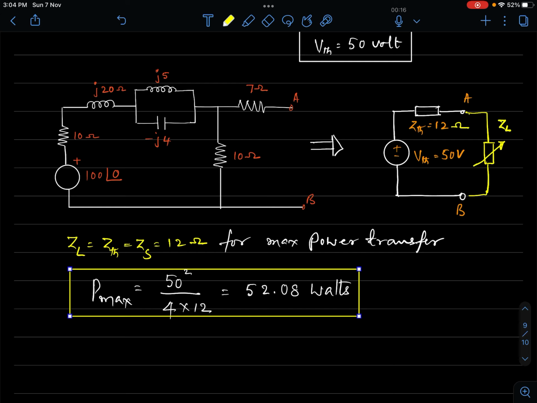Any other value would not yield maximum power. This is an important, interesting theorem. Where efficiency is not of much concern to us, we try to go in for matching the load with the source. Because efficiency here is 50%, as half is in the source and half is in the load.